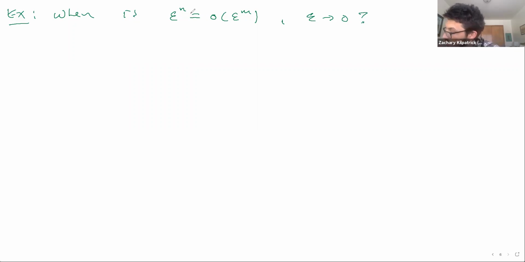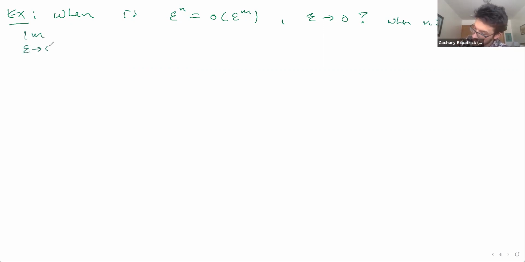And the answer is basically whenever this power is greater than this power, because I can always take that ratio, take that limit, and that ratio will go to 0. So essentially this happens whenever n is greater than m.